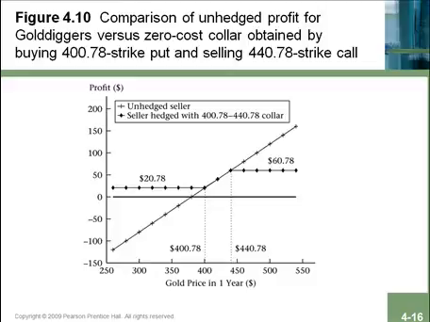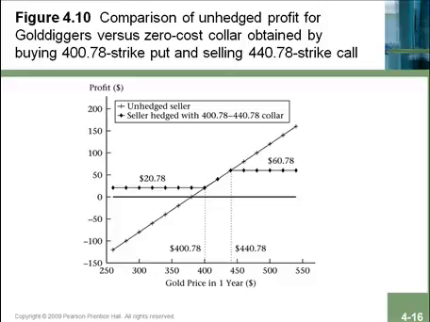What you're trying to do is find a put and a call where the premiums are exactly equal to one another. Now, admittedly, that may be hard to pull off because you may not be able to find those options with exactly that strike price.